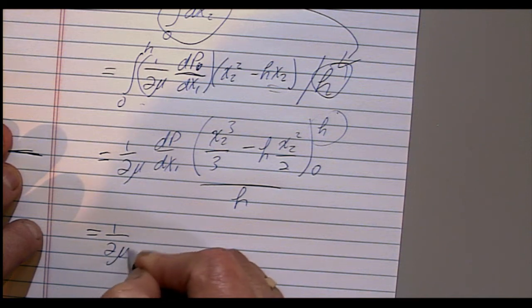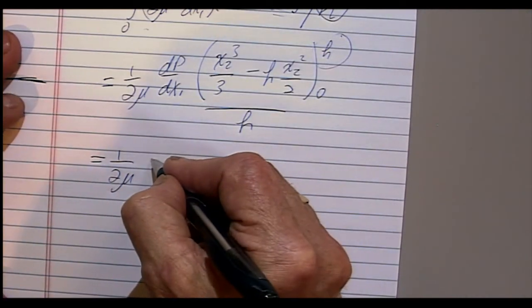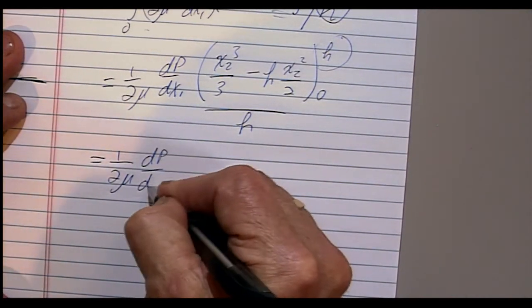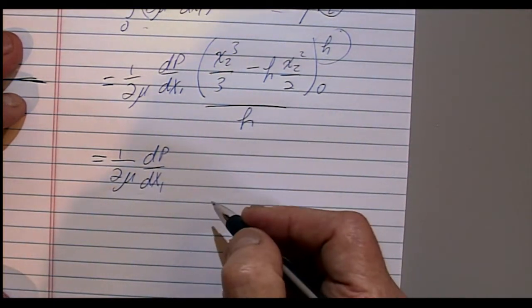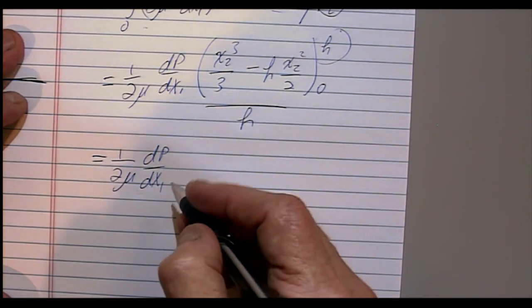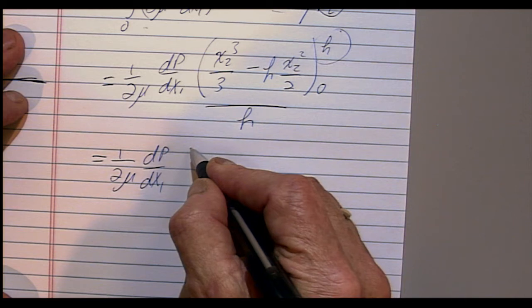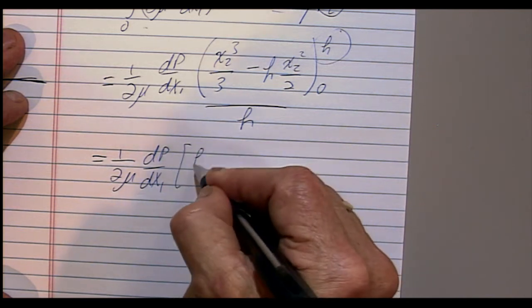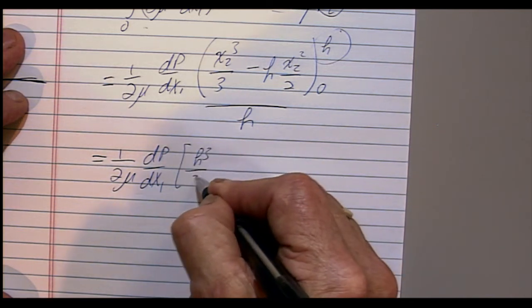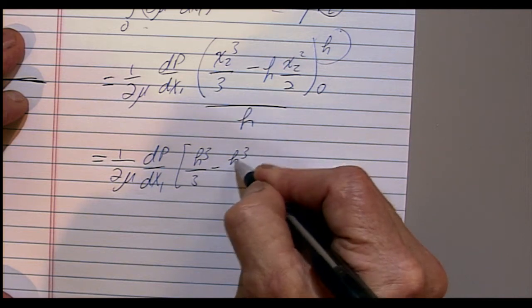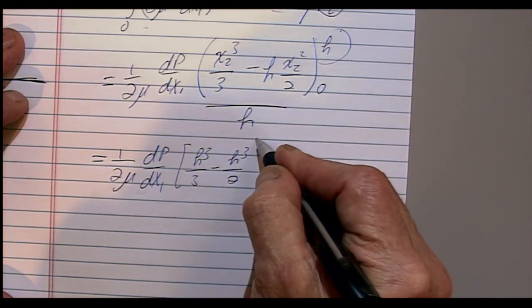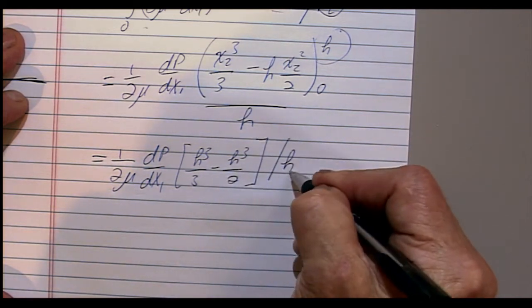So this is 1 over 2 viscosity times the pressure gradient, dP dx1, times h cubed over 3 minus h cubed over 2, divided by h.